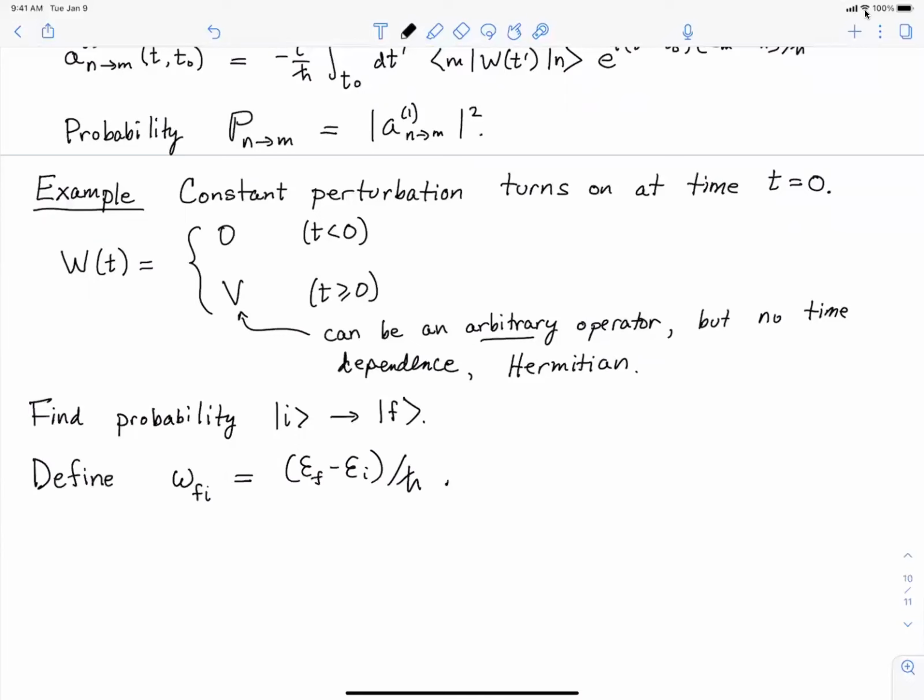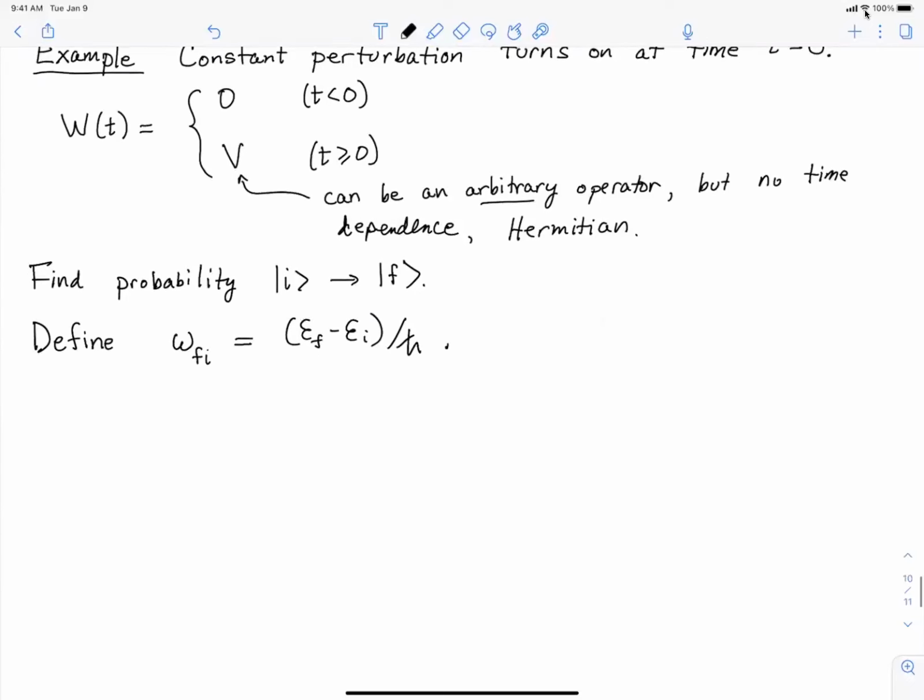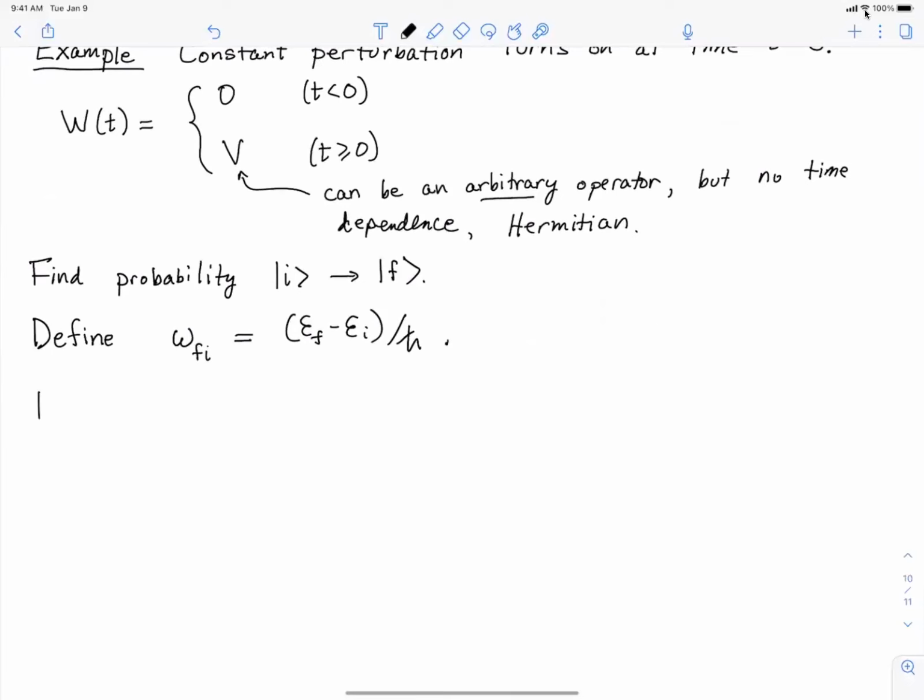Okay, so we're going to make that definition, but depending on our mood or what's most convenient at any given moment, we might write it in terms of the energy difference, or we might write it in terms of the angular frequency. Okay, so now we can go ahead and do the integral that I mentioned before. We're now going to calculate the transition amplitude at first order in perturbation theory to go from the initial state to the final state.